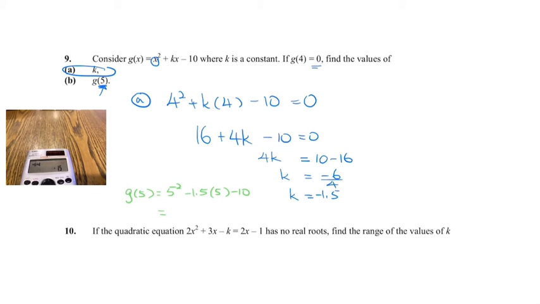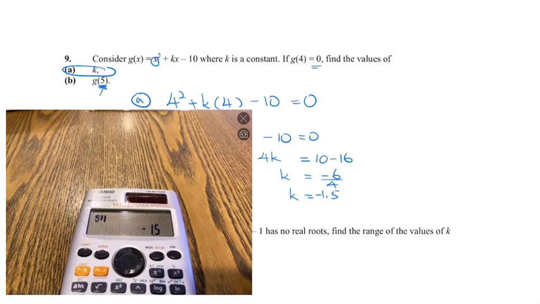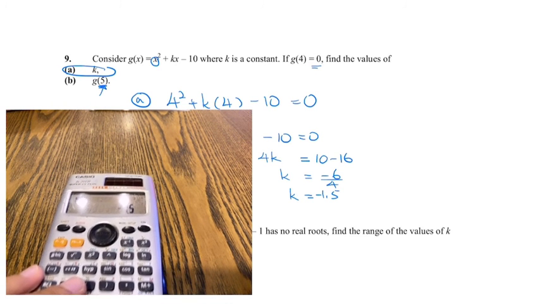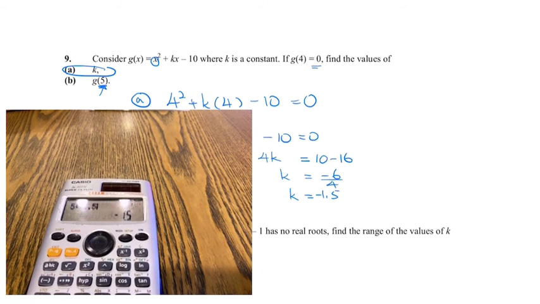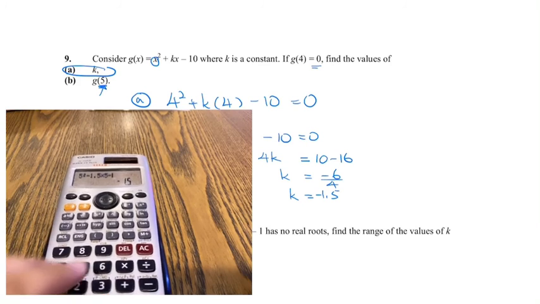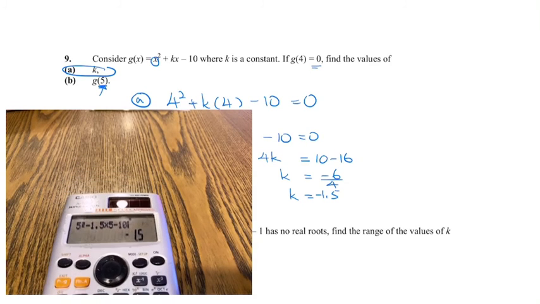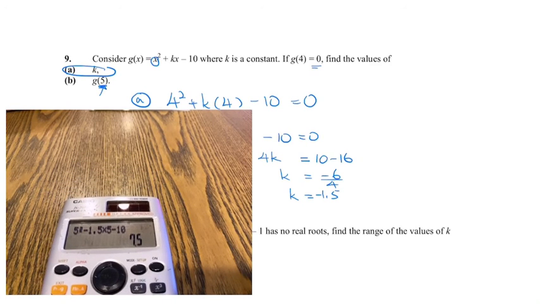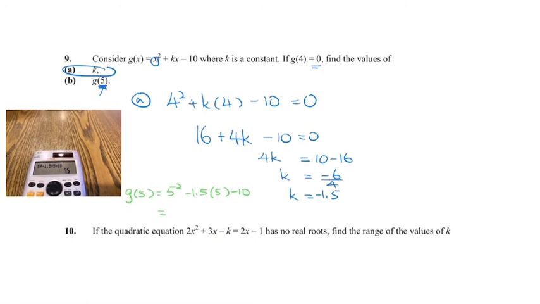And then the calculator please. 5 squared minus 1.5 times 5 minus 10, and you get the answer as 7.5. So you write that back, 7.5. That's your answer for B.